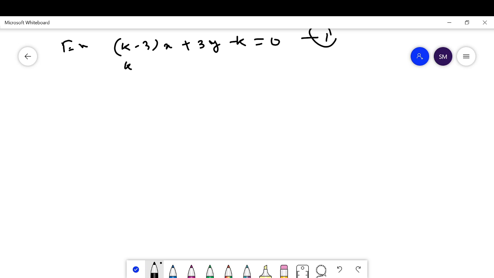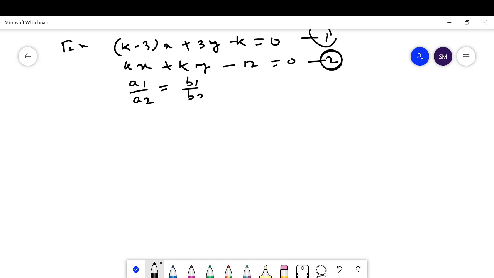Equation 2 says KX plus KY minus 12 is equal to 0. Here also we have to find the value of K for which we can get infinite number of solutions. We get infinite solutions only when A1 upon A2 is equal to B1 upon B2 is equal to C1 upon C2.